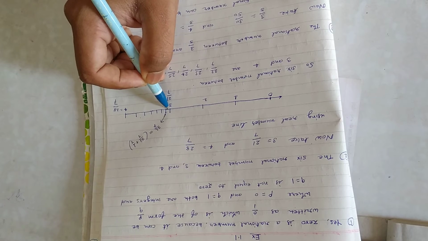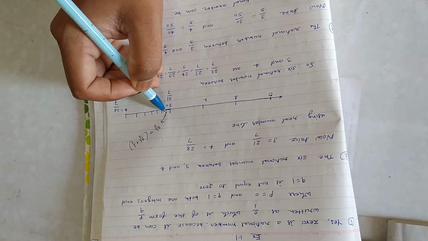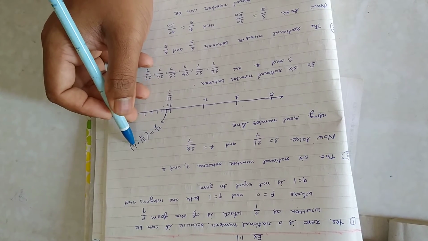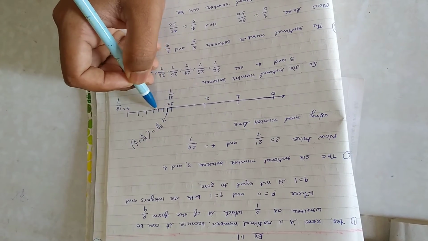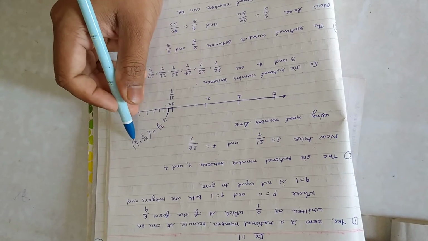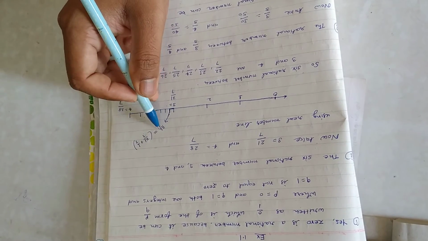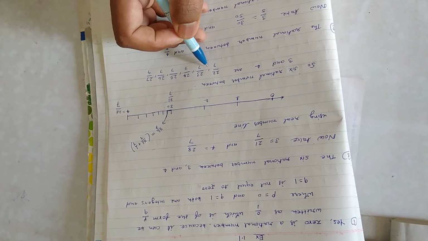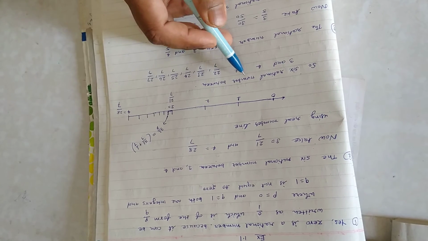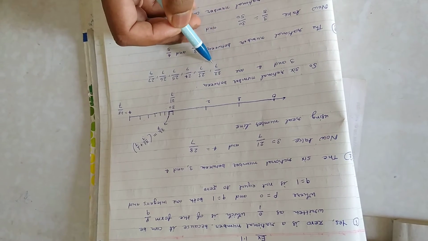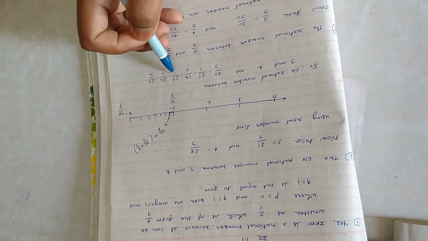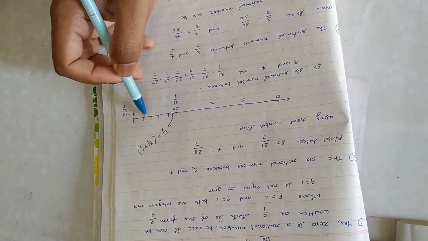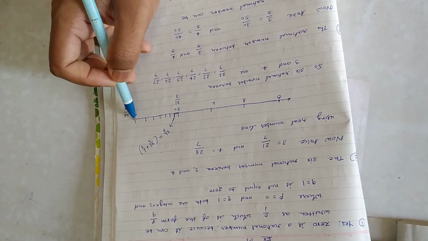So this is the first rational number, that is 22 upon 7, that is 21 by 7 plus 1 by 7, because each division is equal to 1 by 7. So the first rational number will be equal to 22 by 7. Similarly, the six rational numbers between 3 and 4 are 22 upon 7, 23 upon 7, 24, 25, 26, 27 upon 7. These are all rational numbers between 3 and 4.